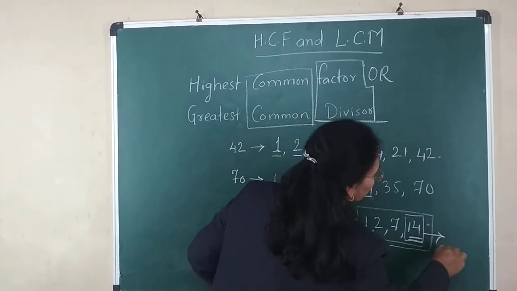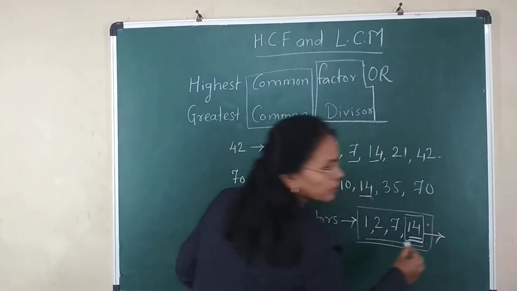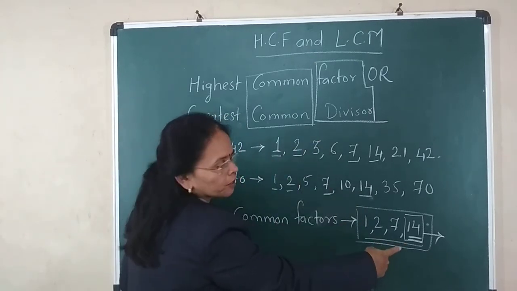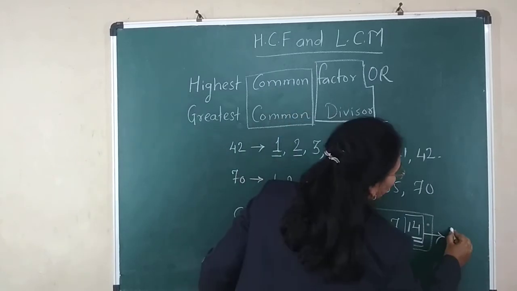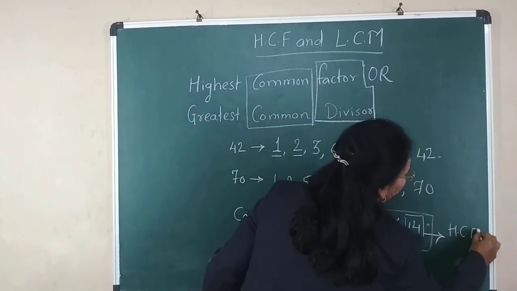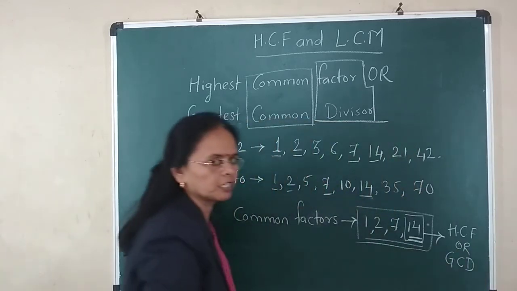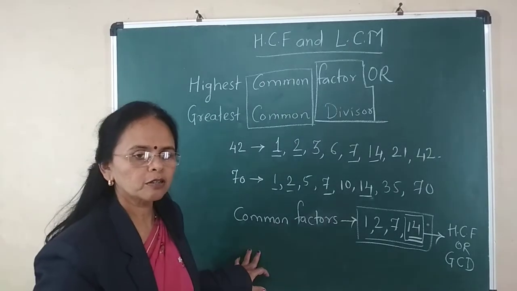Greatest common factor, greatest common divisor is 14 here. This is called HCF or GCD. Have you understood?